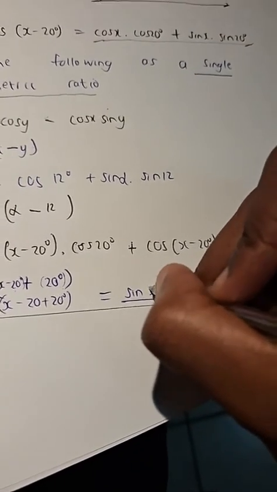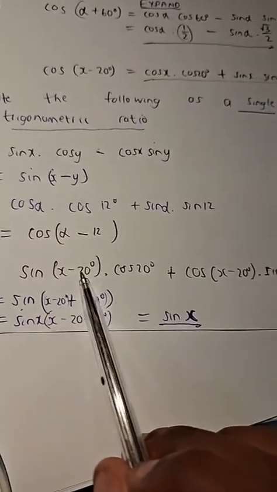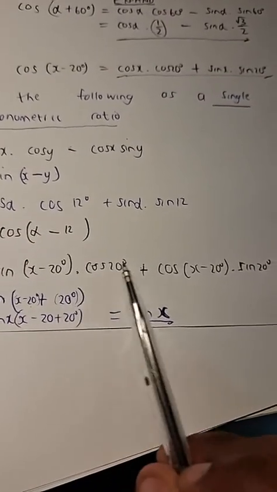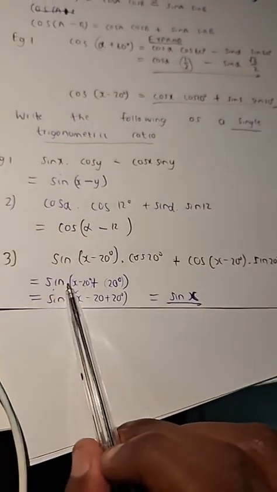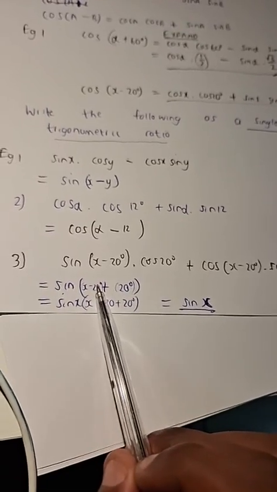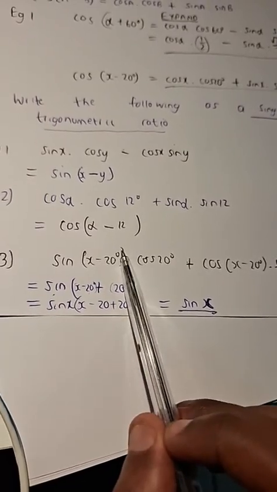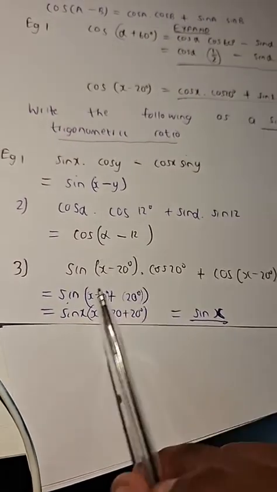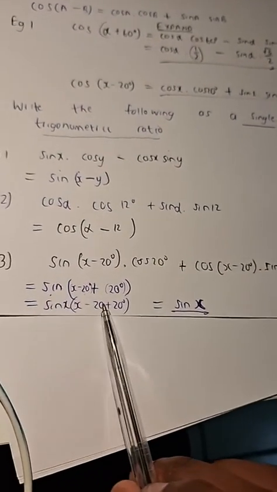Now this has just been reduced. We wrote sine x minus 20 times cos 20 plus cos x minus 20 times sine 20 using the compound angle as sine of x minus 20 plus 20 degrees, because that is the reduced form of the expanded compound. Then we added the like terms.